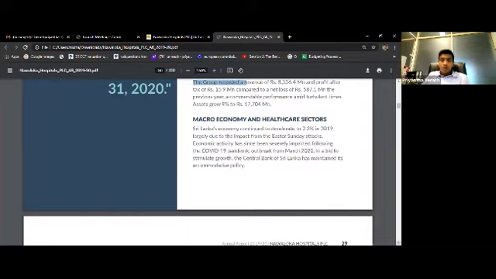right? So according to this report, they say the Sri Lankan economy had negative growth, 2.3% in 2019, largely due to the impact of the Easter Sunday attack, right?